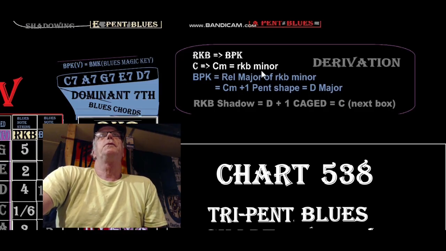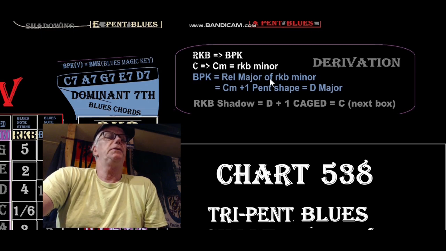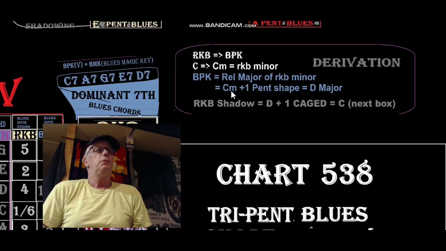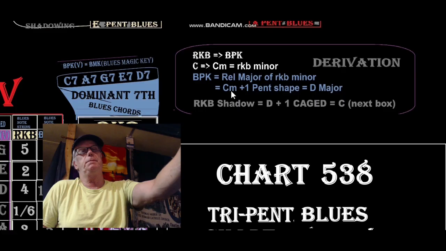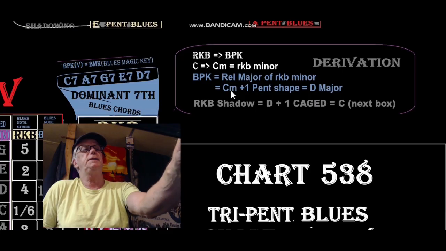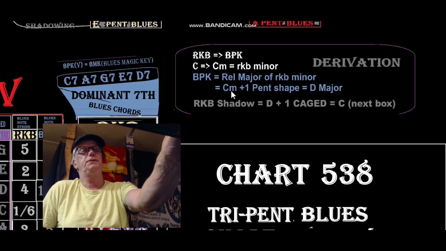So once we're in that minor, then we look at what was the relative major of that minor. It was E flat for C minor. So when we're looking in guitar with CAGED, with the modal CAGED shapes, remember we have the C shape, the D shape, the E shape, the G shape, the A shape, and the G shape.